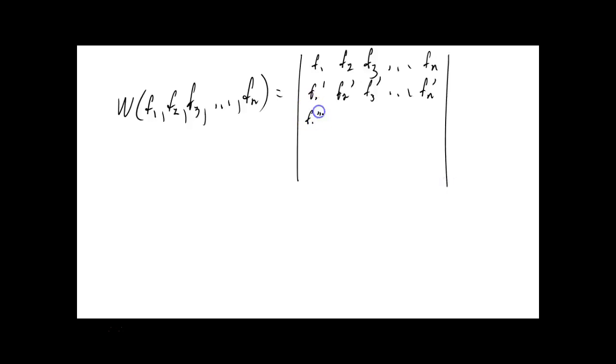You'll do f1 double prime, f2 double prime, f3 double prime, up to f sub n double prime. Okay? You'll do this on down the page until you get to the n minus first derivative of f1, f sub 2 to the n minus first, f sub 3 to the n minus first. I can't write, I say first or write a fifth.